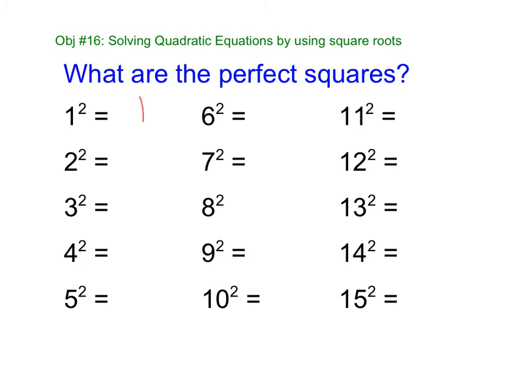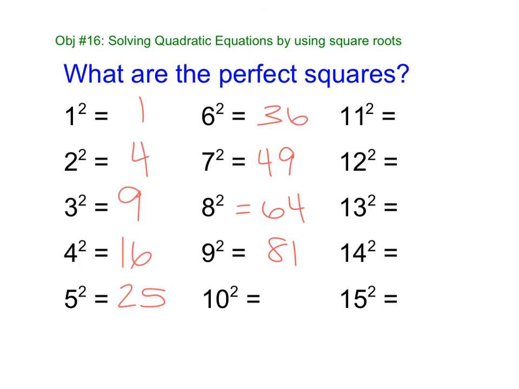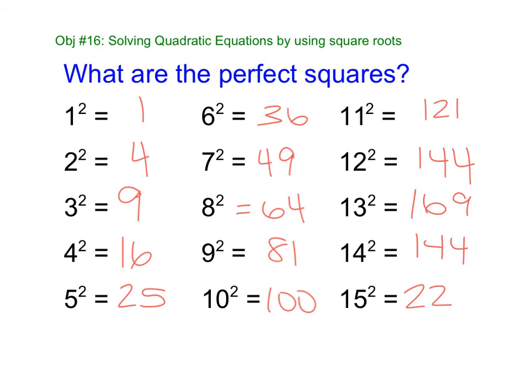So 1 squared is 1, 4, 9, 16, 25, 36, 49, I lost my equals, 64, 81, 100, 121, 144, 169, 144, and 225. That's not 144. Just kidding. It's 196. So we've been dealing with these because of dots, right? So I just wanted to remind you of them.